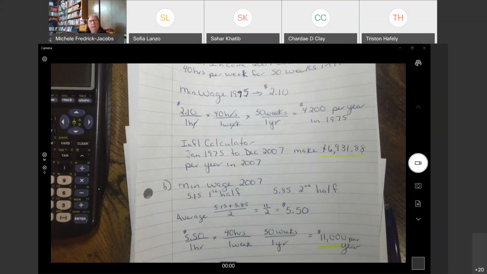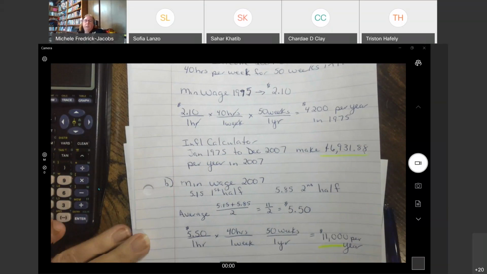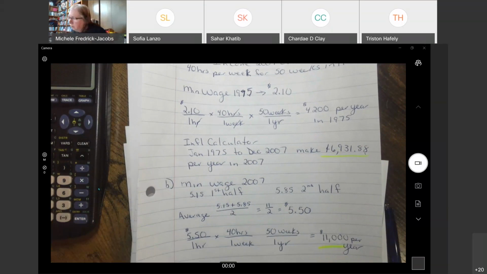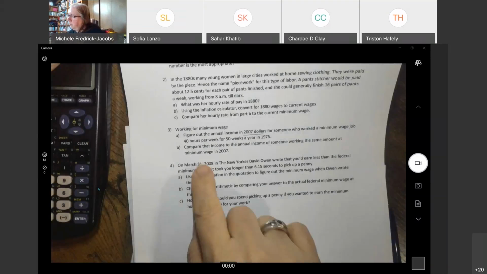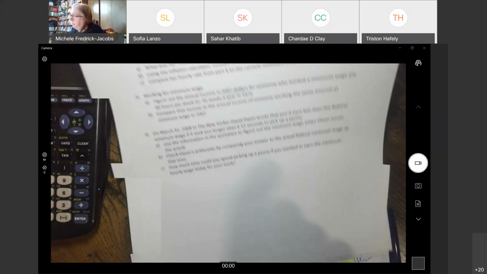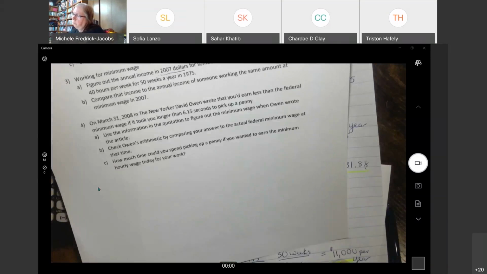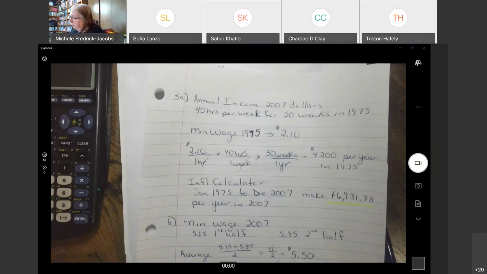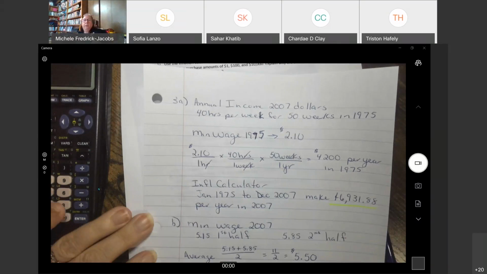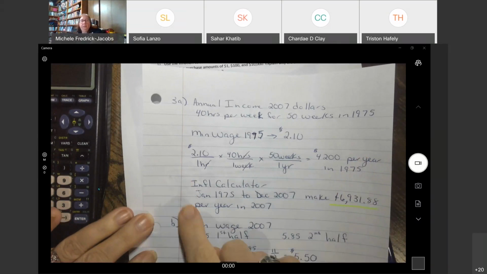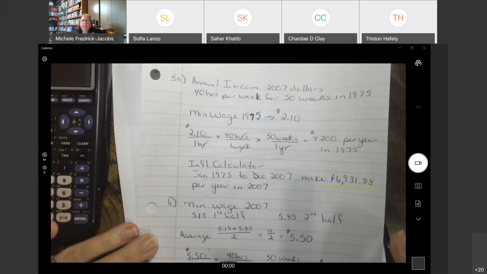I don't remember what year it was where they caught up, but it is a big difference. So you want to compare those for Part B. Part B says to compare what we found here, the 11,000, with what we found in Part A. So first, write your sentence from Part A in your paragraph, and then compare the two.